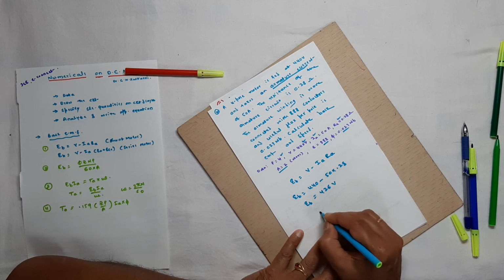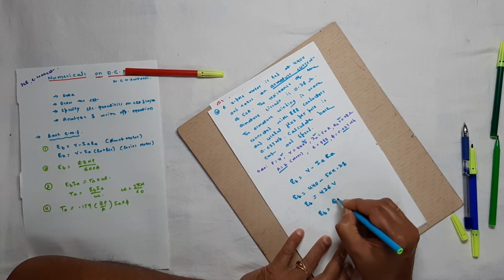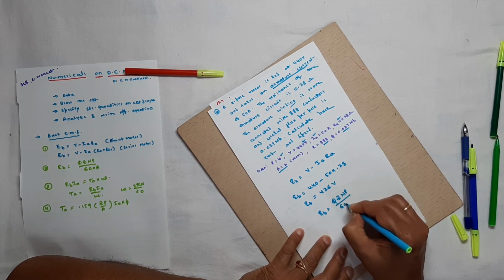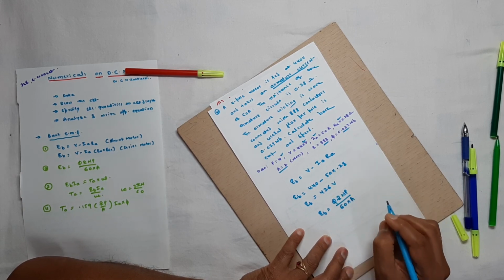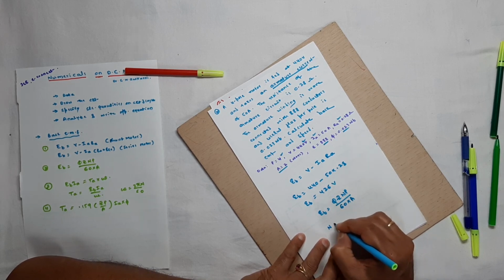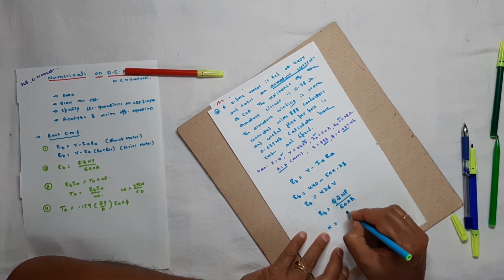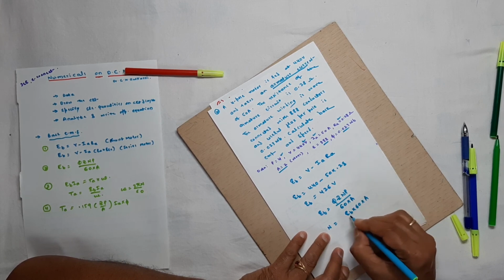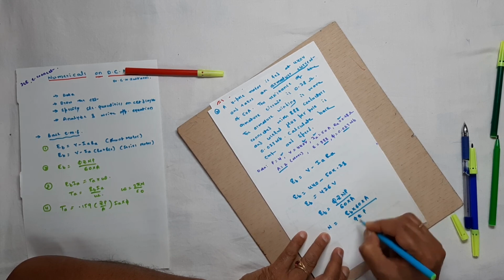To calculate speed, you have to make use of EB is equal to phi Z NP by 60 into A. That is the formula you have to make use of. Therefore, N is equal to EB into 60 into A divided by phi ZP.